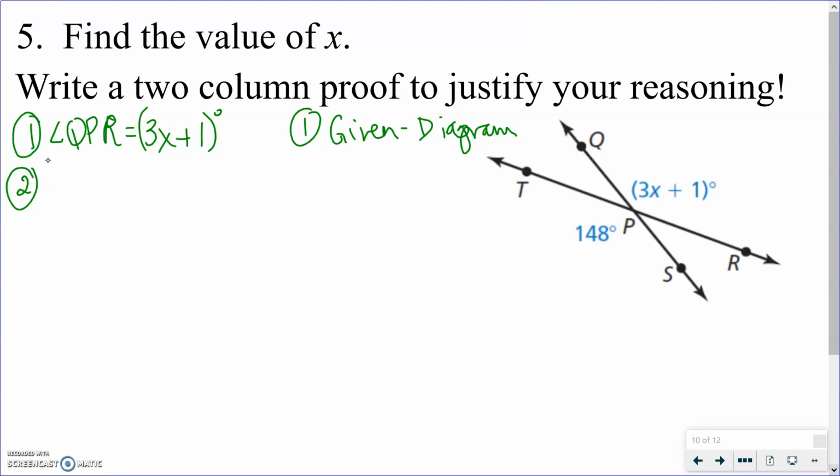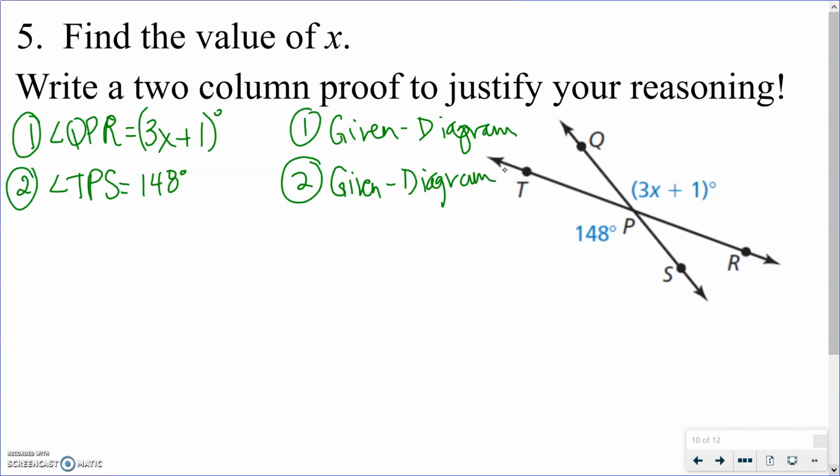Okay, I also know by looking at this diagram that angle TPS is equal to 148 degrees. And again, that's given and labeled in the diagram.